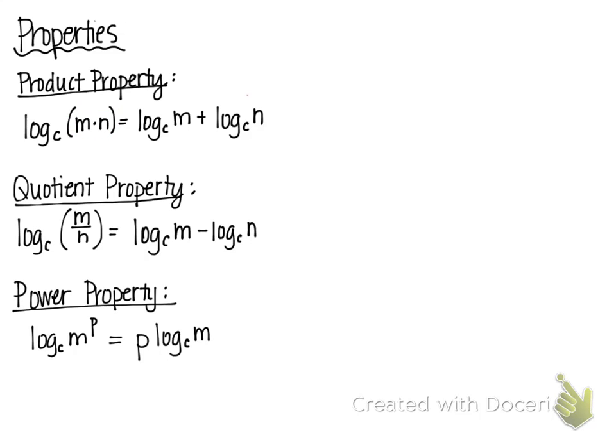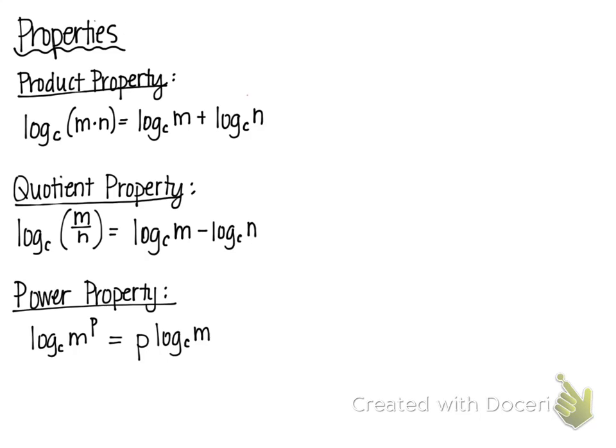The product property says that we can rewrite this as log base C of m, notice the bases have not changed, plus log base C of n. So the product property can be split apart by using addition. Similarly, if you were given this expression, you could rewrite it using the product property. It goes both ways.